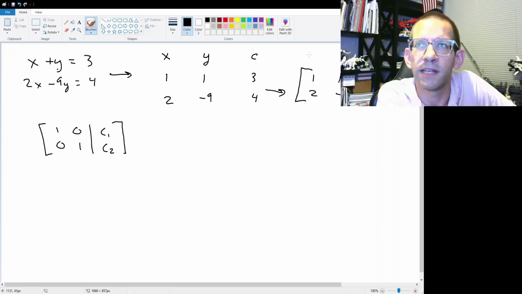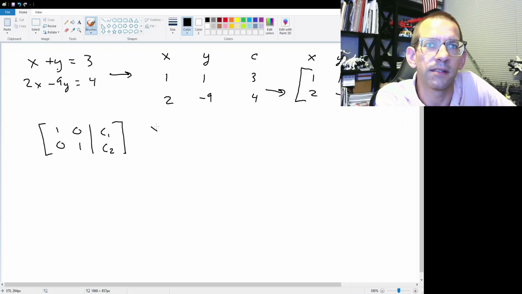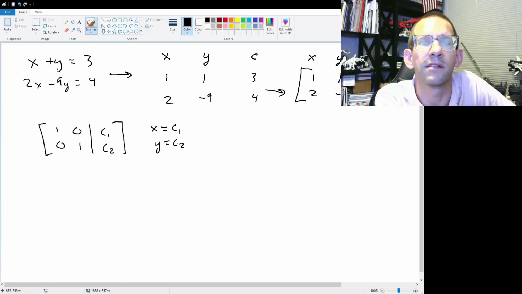Because the way that these matrices work is that this is x, this is y, this is your c. And so if you can get it down to this, if this is a 0, then it doesn't work. It's a duplicate system and you only have one equation. But what you can now say is, after you get it down to there, that x is equal to your first constant, and y is equal to c sub 2, your second constant.